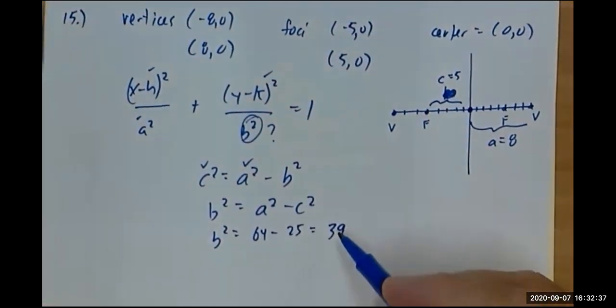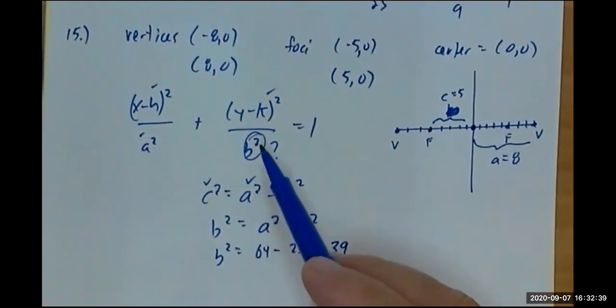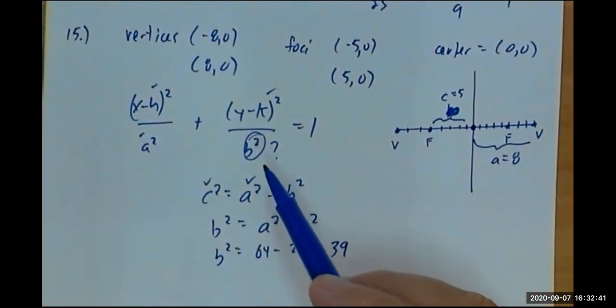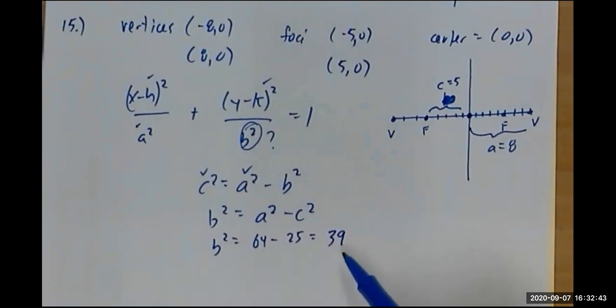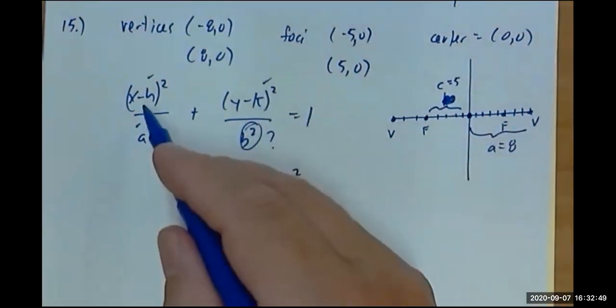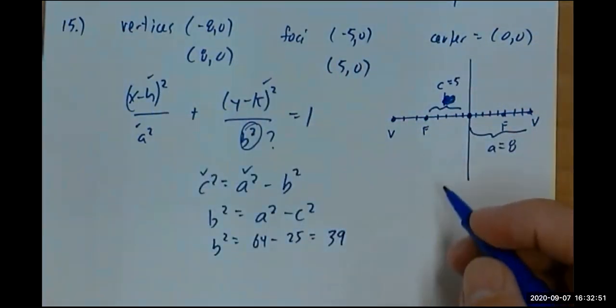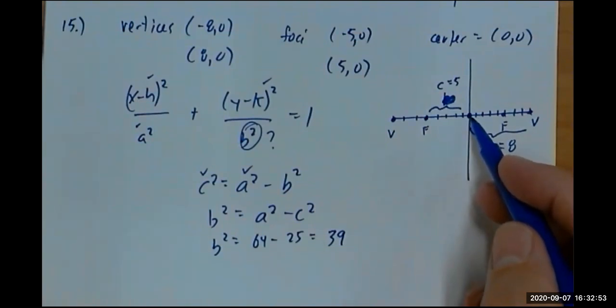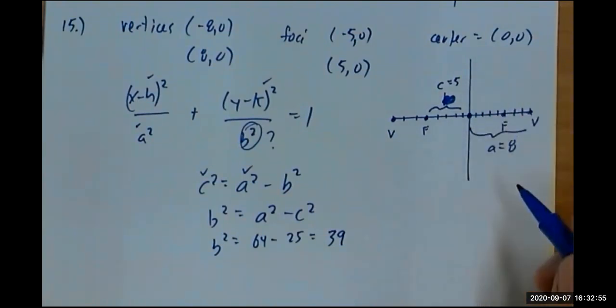Now what's interesting is for an equation, I really want to know B squared. I don't really need to know B, so there's no reason to do anything else because I've got B squared. So I should have everything we need. The center's at the origin, so h and k are 0, 0.